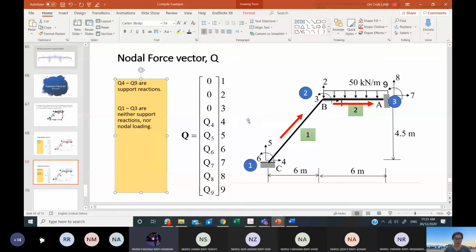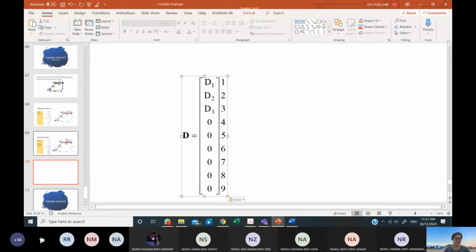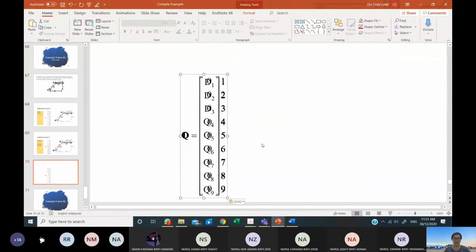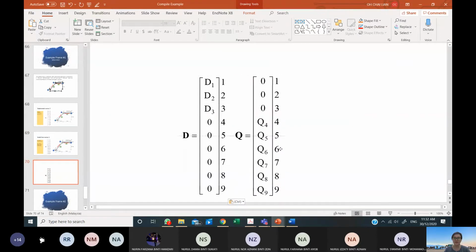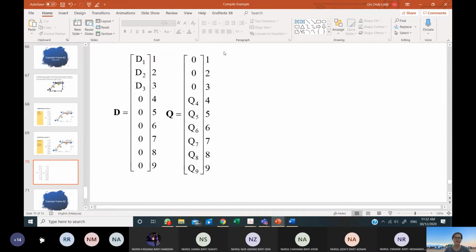Yes. Okay, so now you can do a partition to double check whether your arrangements are correct. So next time you just put your D vector and Q vector side by side, just for you to double confirm.